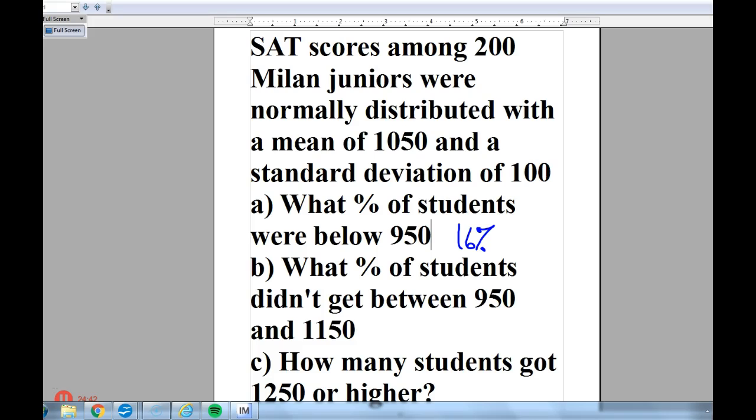Or you could add up this and get the same thing. It depends what you think is faster. The last one is trying to make sure you watch out for the how many instead of the what percent. So 1250 or higher: 1050, 1150, 1250, we're up here. So it's 2.5%, but I said how many, so you do 0.025 times the 200 students. Is that 5? Yes.